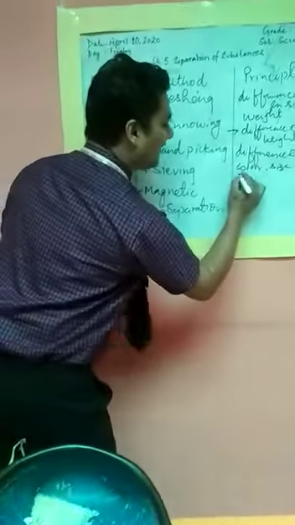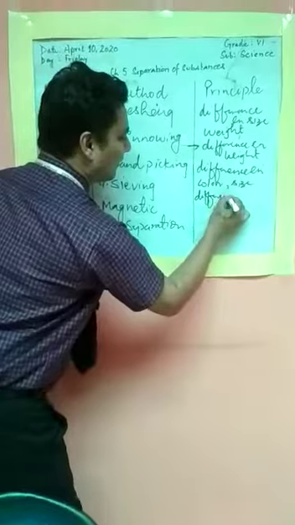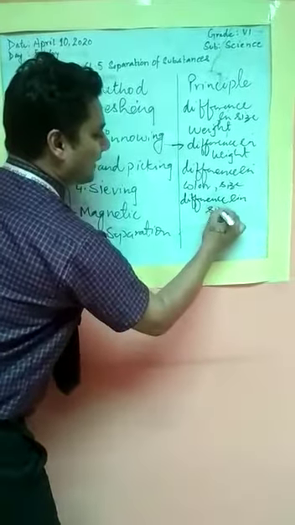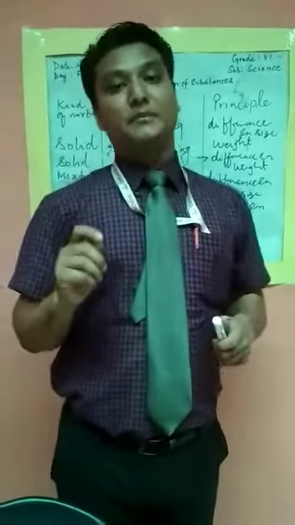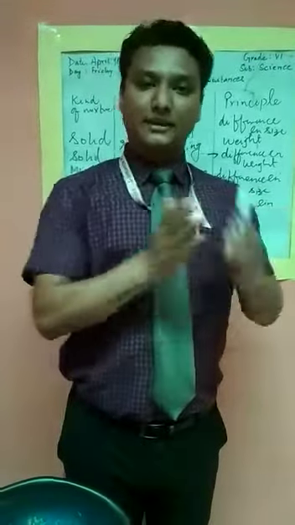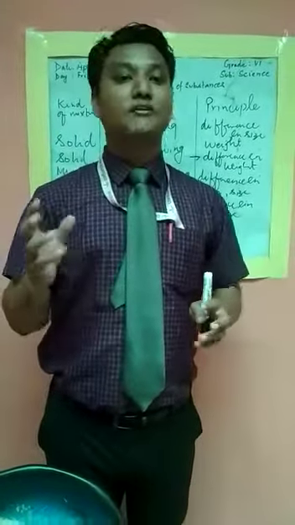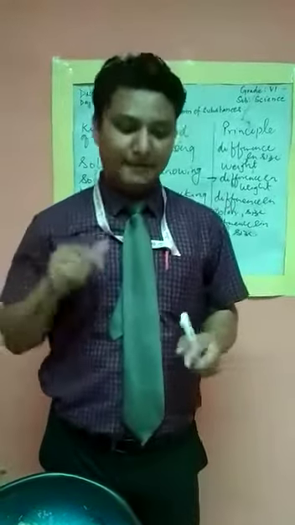So this is called the sieving method. The principle for the sieving method is difference in size. The solid in the mixture which can pass through the sieve is separated, and the solid of bigger size remains on the sieve.